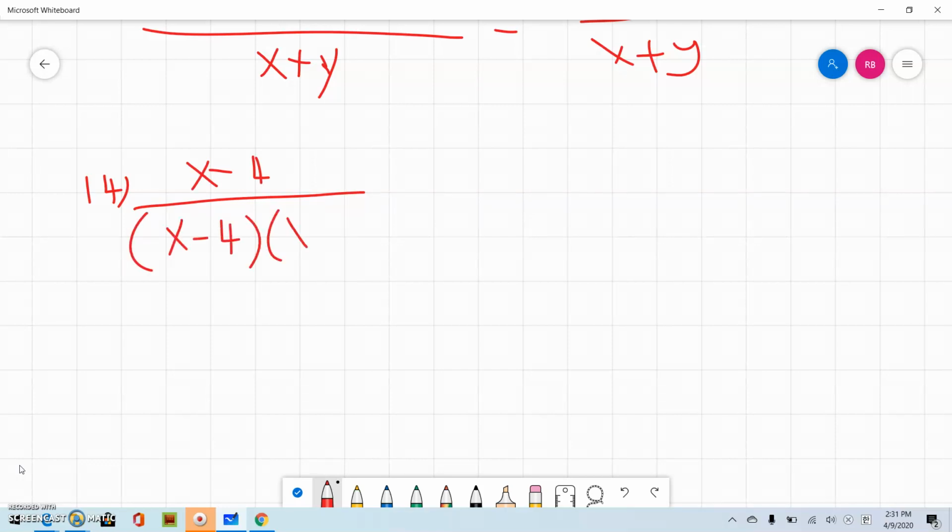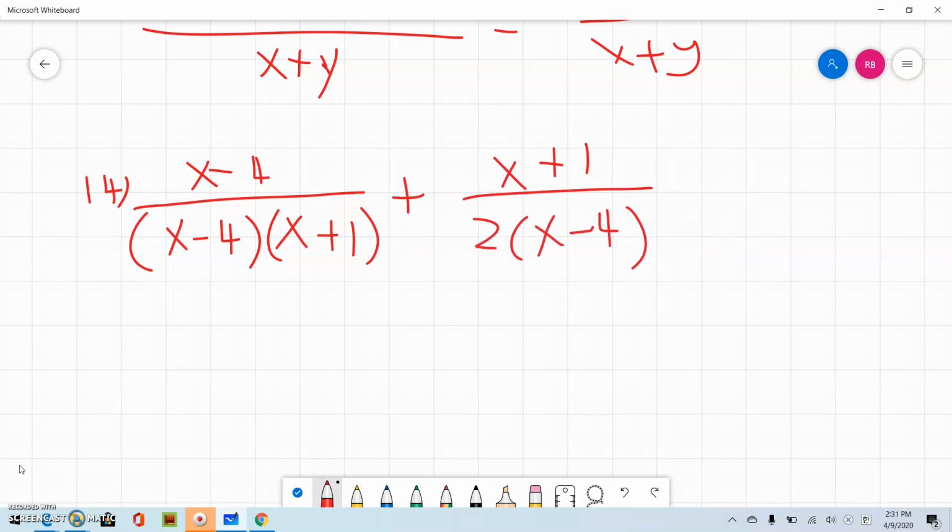So this one is x minus 4, x plus 1, plus x plus 1, and 2, x minus 4. So I'm not going to cancel anything, even though this one can be canceled, because, let me start by canceling, okay?